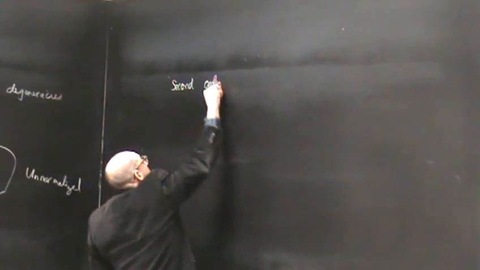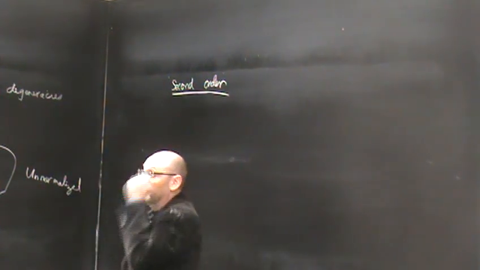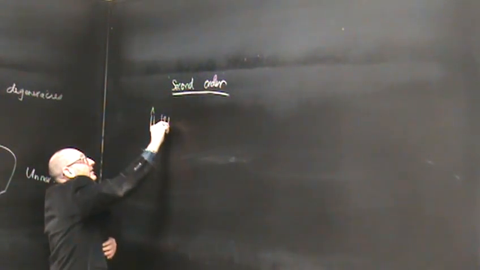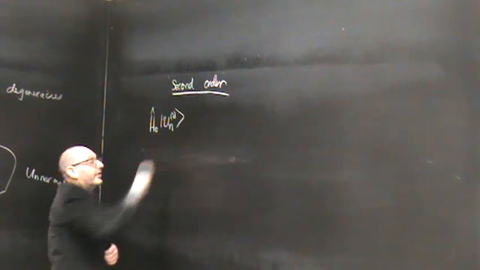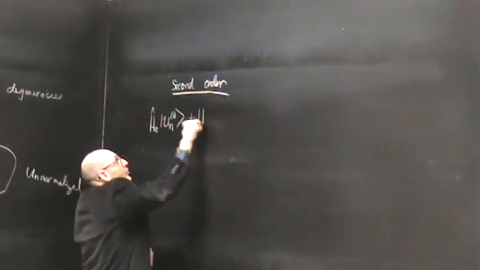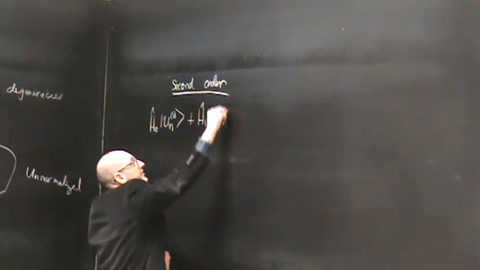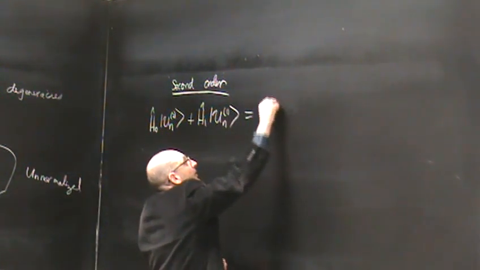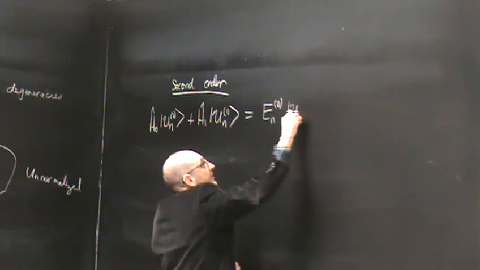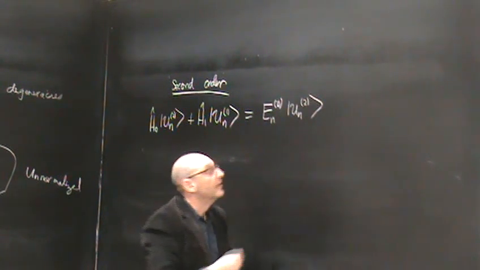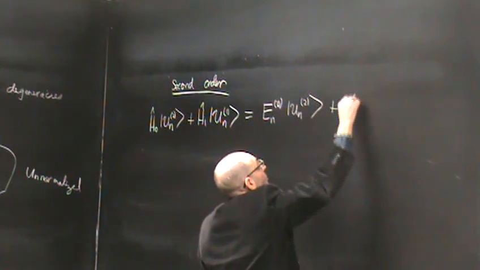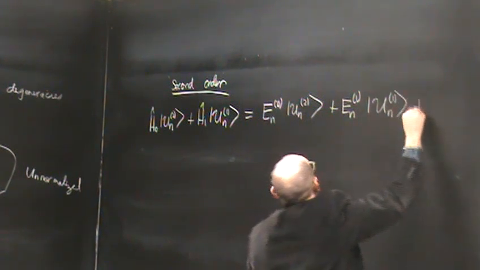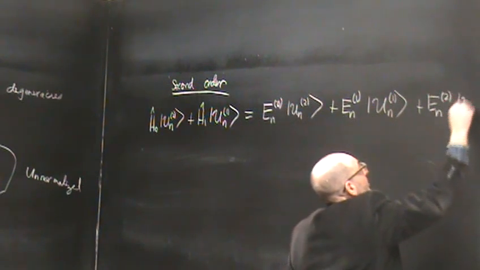So to second order, I have H0 times the second order piece plus H1 times the first order piece, equals En0 times the second order piece plus En1 times the first order piece plus En2 times the zeroth order piece.